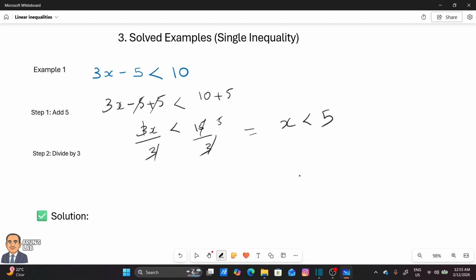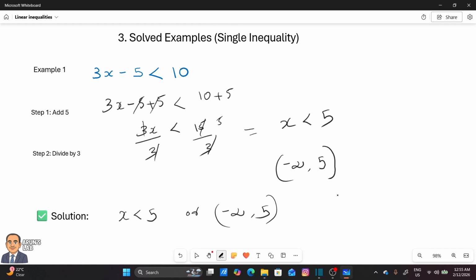The interval notation will be minus infinity, comma 5. 5 is not included. So the solution is either x less than 5 or, in interval notation, minus infinity to 5.